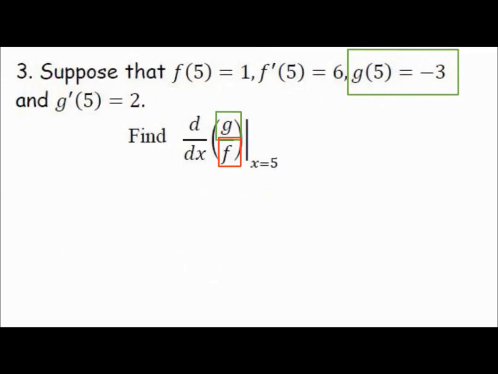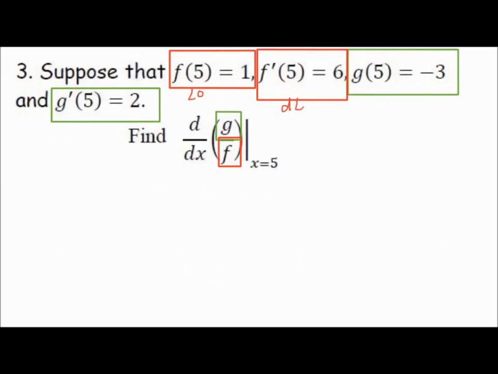G of 5 is equal to negative 3, and the derivative is equal to 2. And my low is my F. This is my low, and this is my D low. So here's my low, my D low. This is my high and D high.